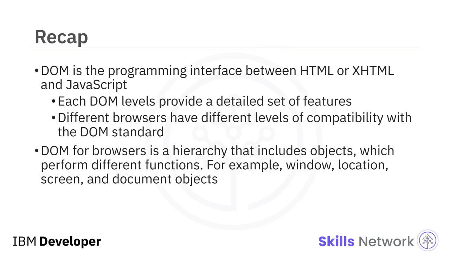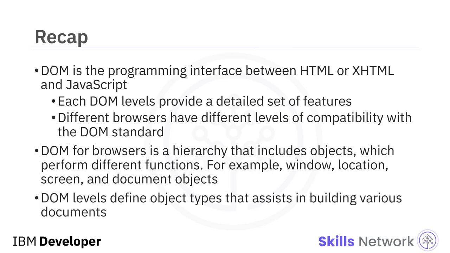For example, the window object controls the environment of the document. The location object contains information about the URL of the page. Screen object derives information about the user's screen. And the document object provides access to all HTML elements within a page. DOM levels define object types, with which developers can build a variety of documents, from plain HTML documents for web pages to more complex forms.